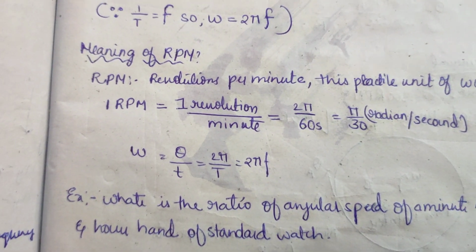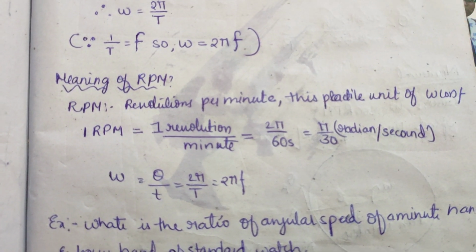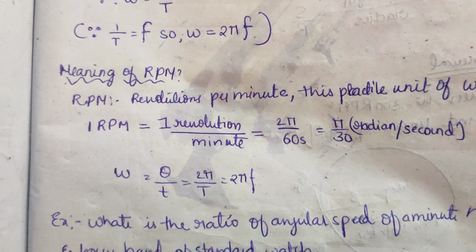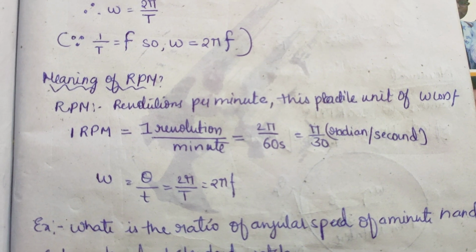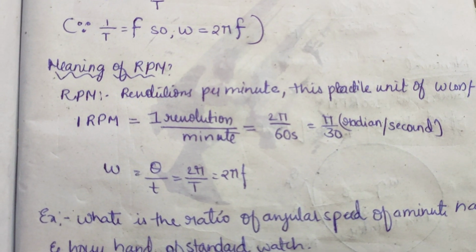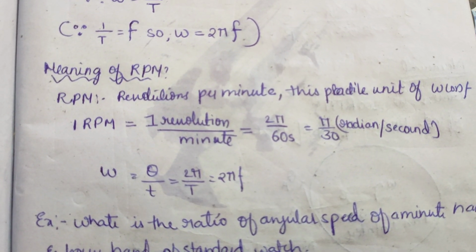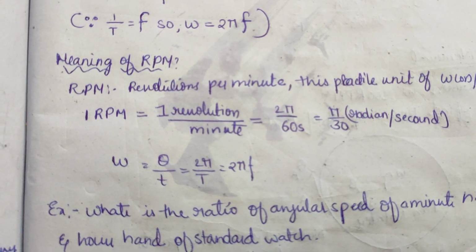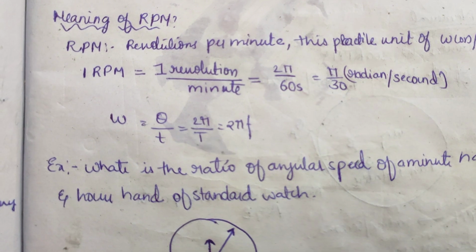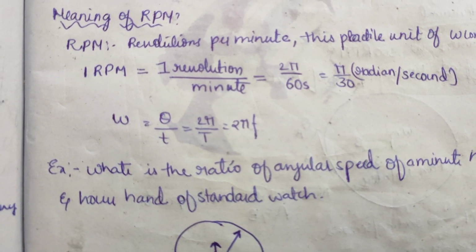Now meaning of RPM. RPM equal to revolution per minute. The practical unit of omega or f. 1 RPM equal to 1 revolution by minute equal to 2 pi by 60 seconds, or pi by 30 seconds. Now omega equal to theta by T equal to 2 pi by T equal to 2 pi f.